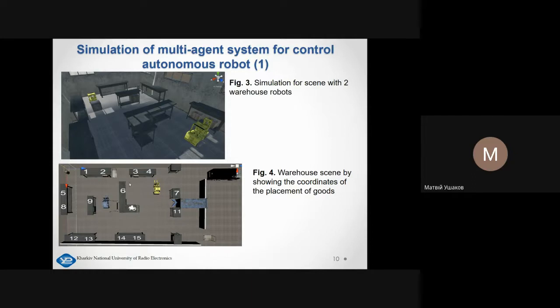So position, as I said, works like a grid pattern. As you can see in figure 4, there are shelves with goods on them, and they occupy grid cells in the pattern. So the robot will be in one grid cell, and the shelves in other grid cells that it cannot enter.